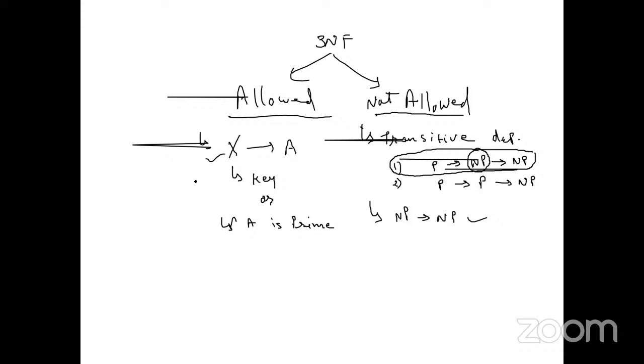If you find any dependency of the form non-prime depends on non-prime, then of course we need to decompose the relation into subrelations in such a way that dependency is also preserved and every dependency satisfies this condition: the LHS is a key or the RHS is a prime attribute. Is this clear?